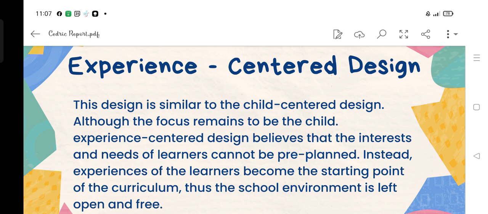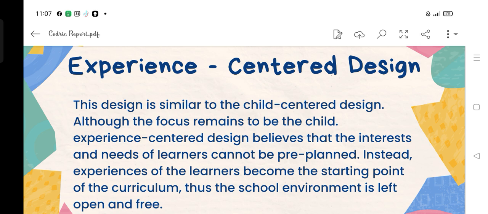Thus, the school environment is left open and free. Learners are made to choose from various activities that the teacher provides, and the learners are empowered to shape their own learning from different opportunities given by the teacher.